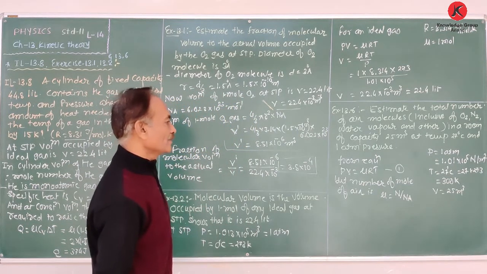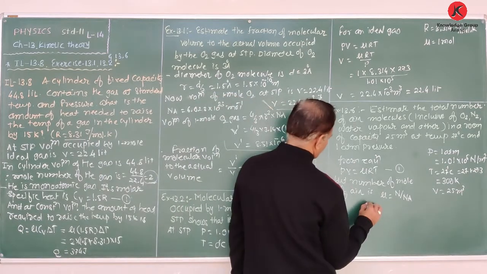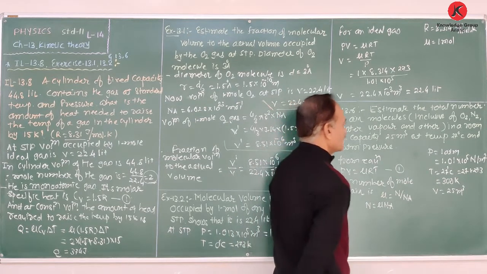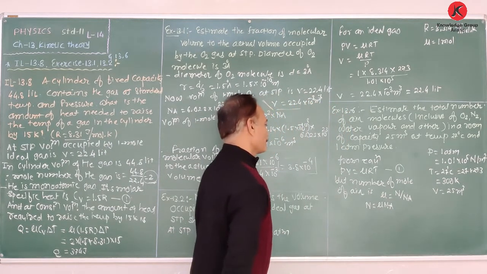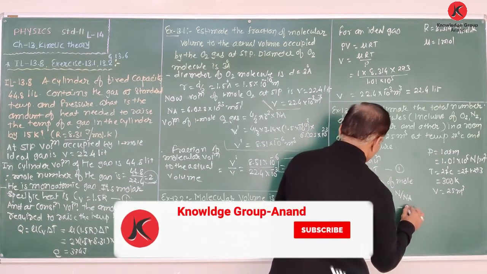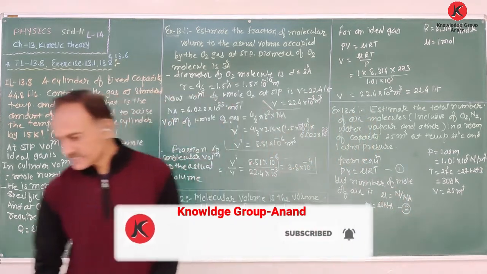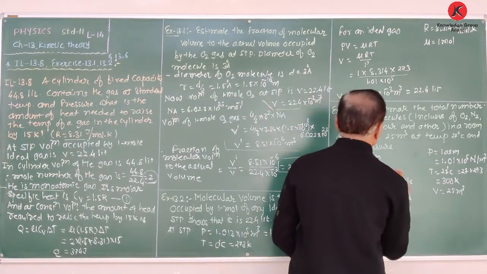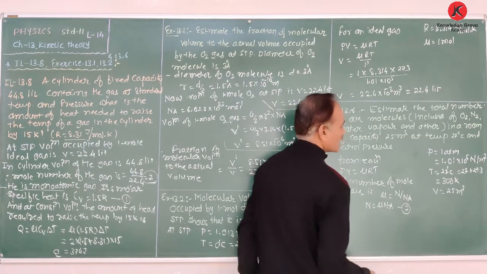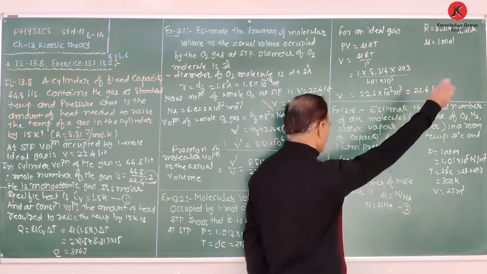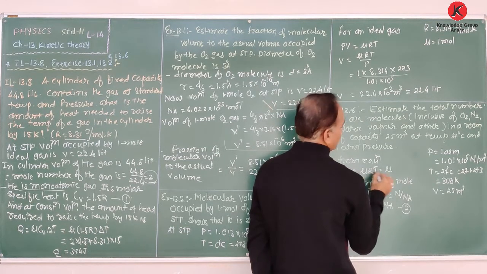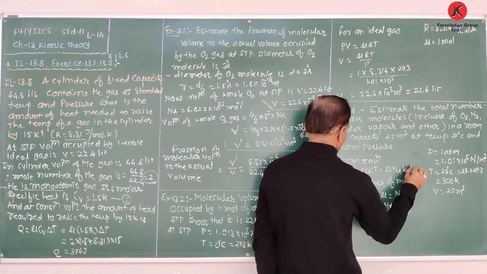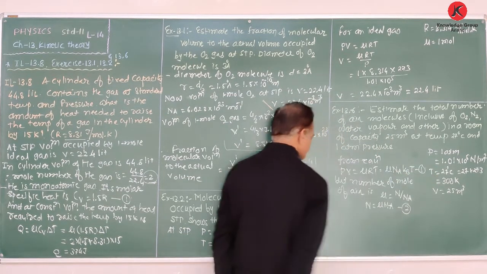Therefore, N is equal to mu Na. That is our equation number 2. Now in our equation 1, suppose we substitute R is equal to Kb into Na, so mu Na Kb T. That is our equation 1.